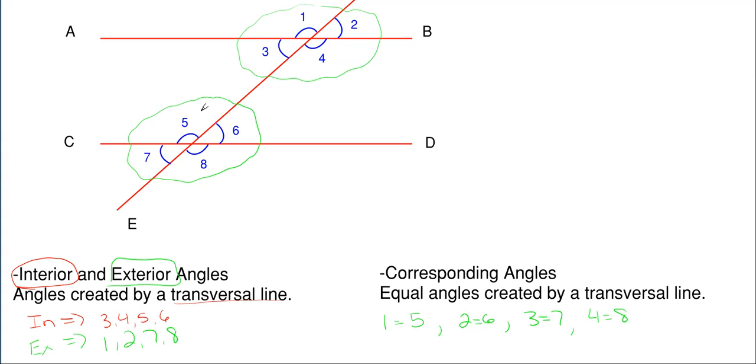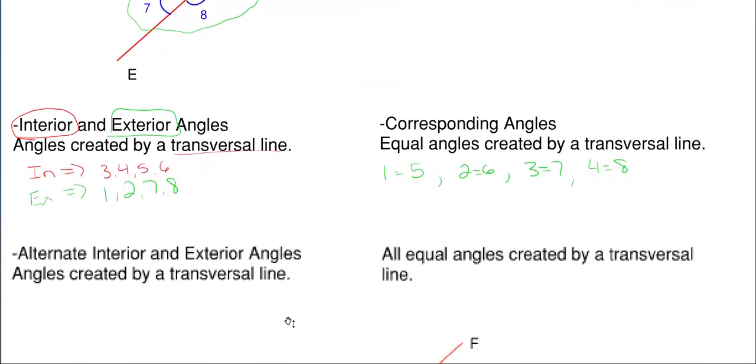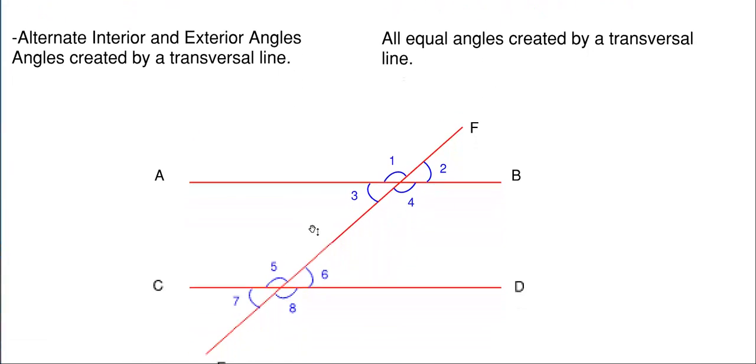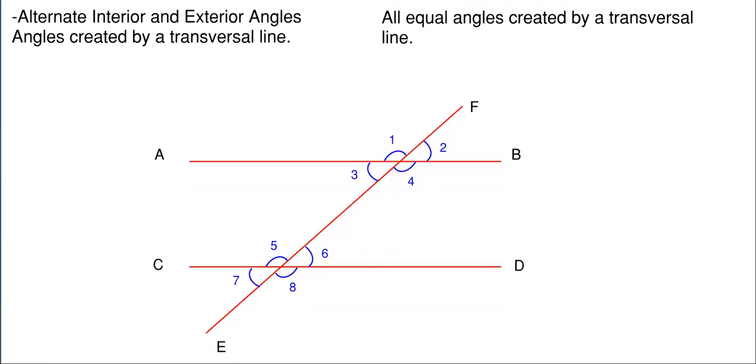But there's more with this transversal line here. And we're going to scroll down a little bit because I have the same picture here at the bottom. So last two things here: alternate interior and alternate exterior angles. These are once again the angles created by the transversal line, but which ones are they exactly? Alternate interior angles.